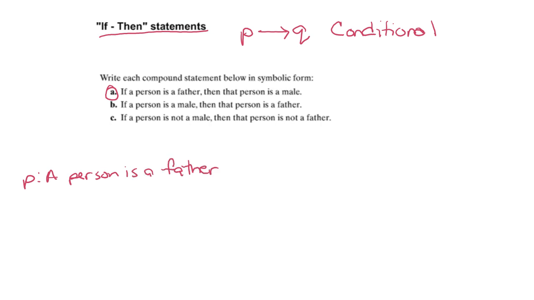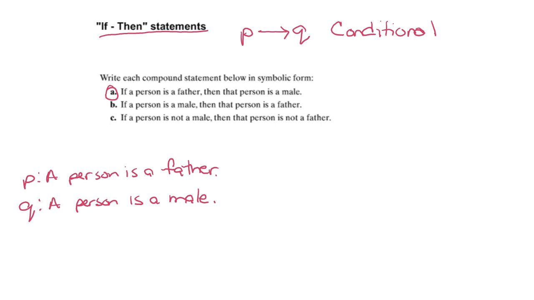And then we'll take a look at our Q. We can state for Q that the person is a male. Those would be our two simple statements.